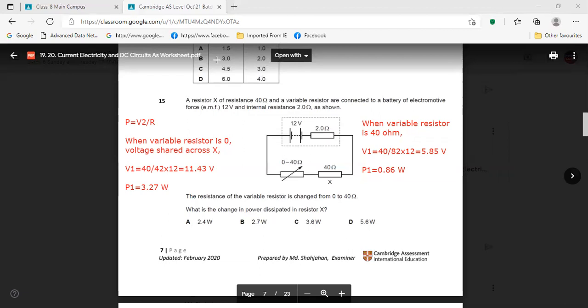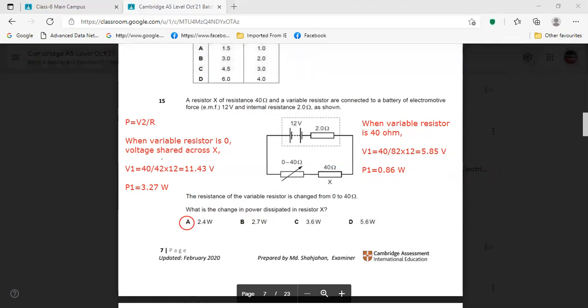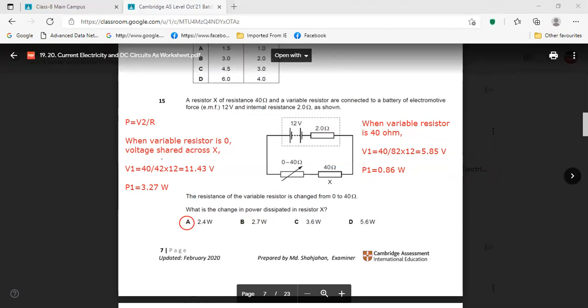So the idea is not that difficult, but it takes time to calculate, right? We have to do some steps here.